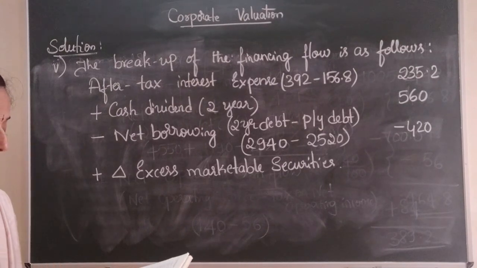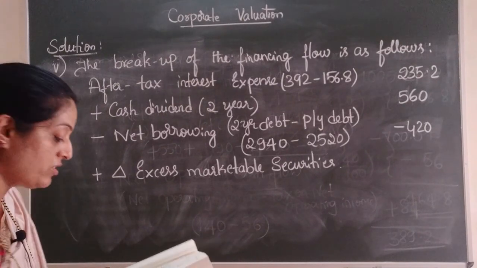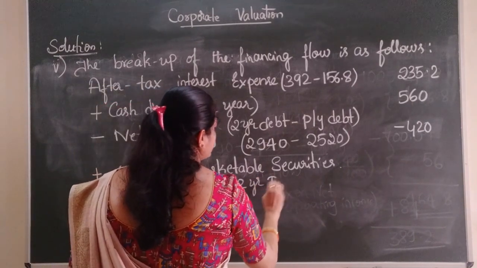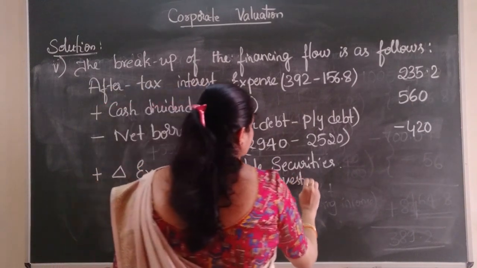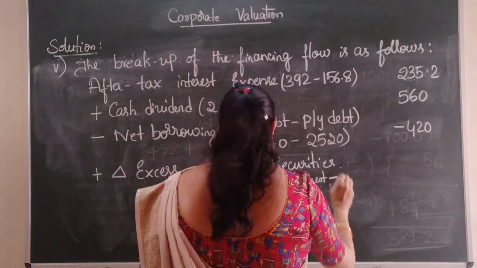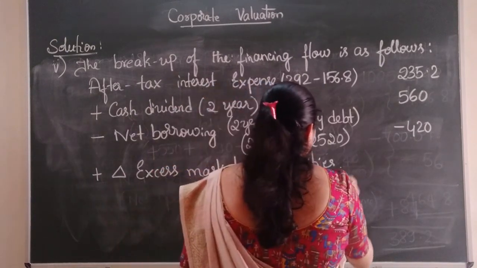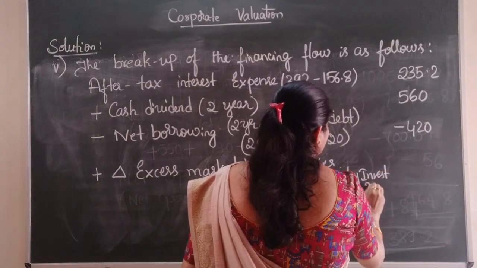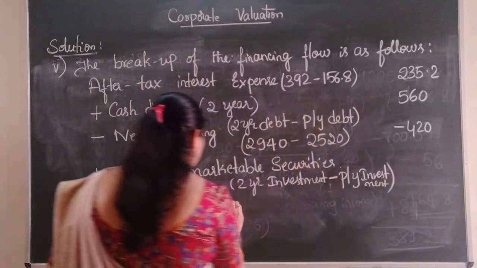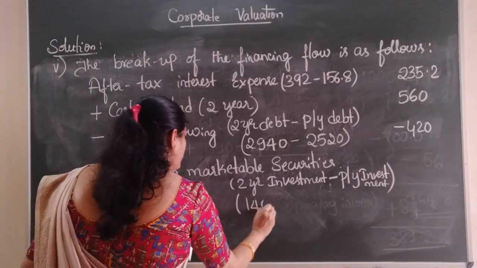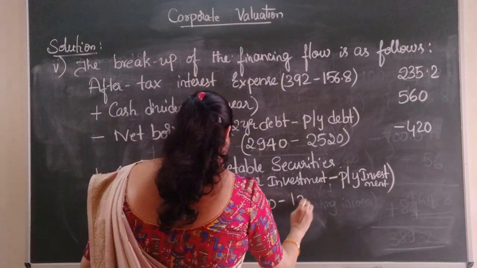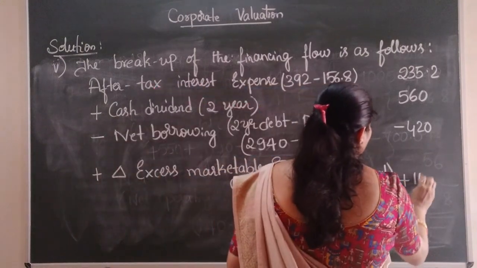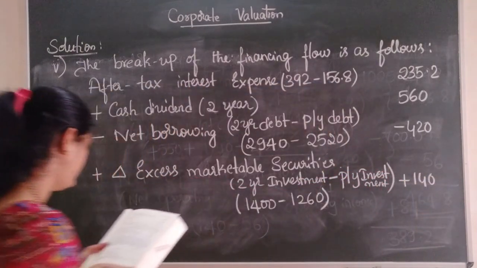The current year, that is second year investment, is 1400, minus previous year investment of 1260, which gives you plus 140. This we need to add.